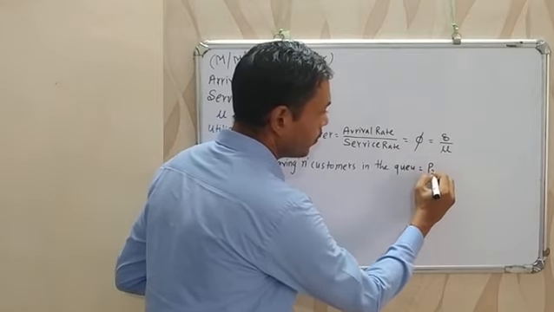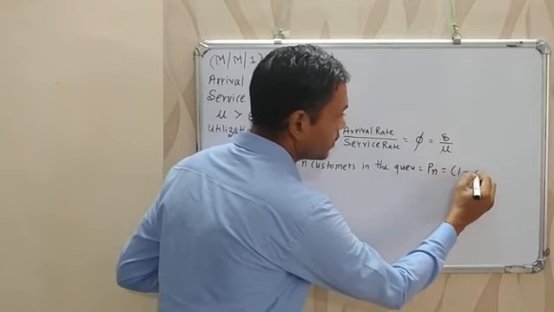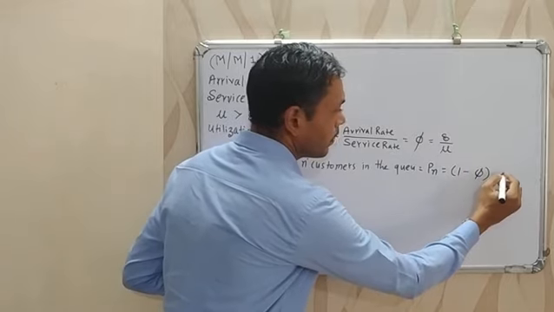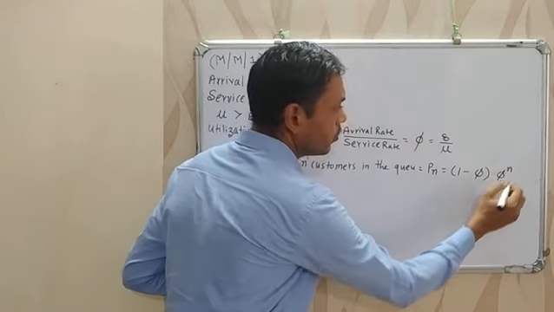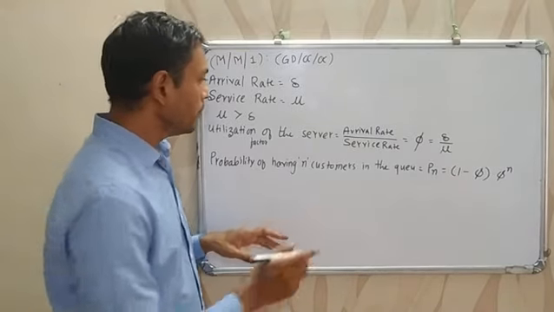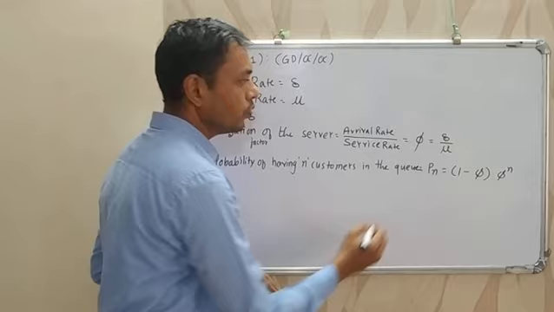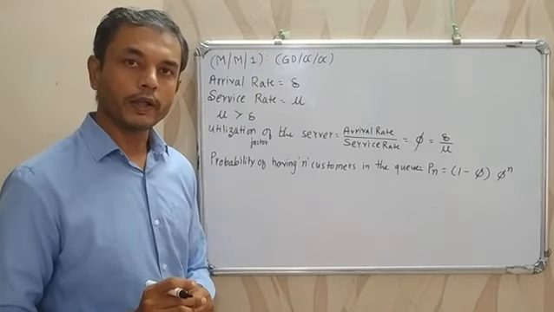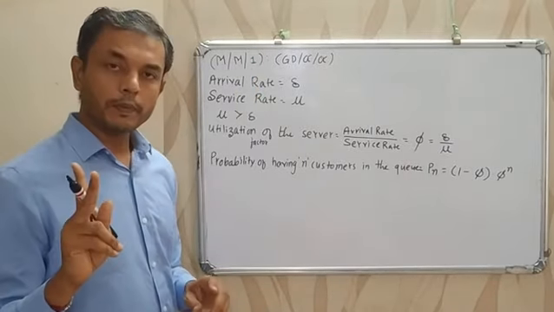That is Pn equal to (1 minus pi) into pi raised to n. So we can show the probability of having n customers in the queue as (1 minus pi) into pi raised to n. Here remember two different terms.